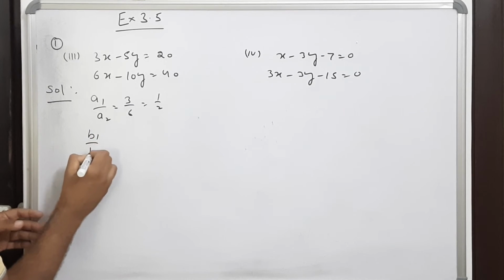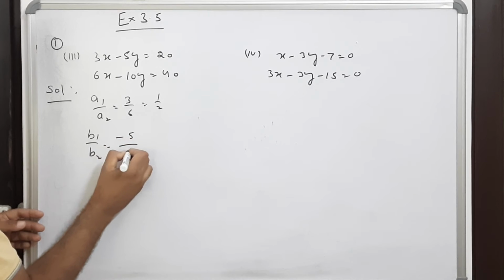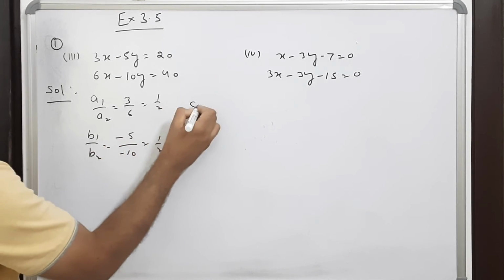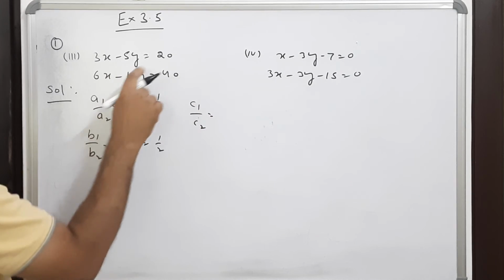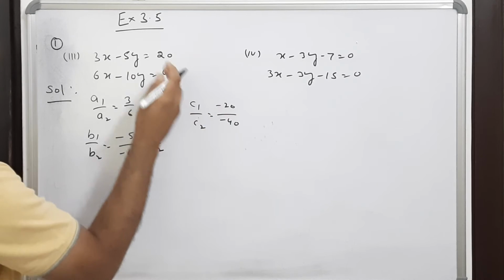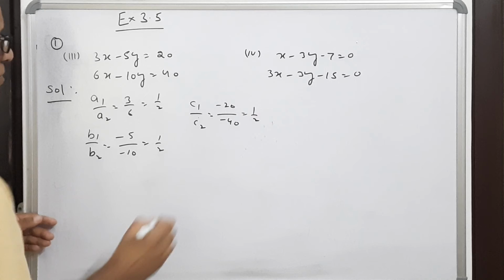B1 upon B2 is minus 5 upon minus 10, so again it is 1 by 2. C1 upon C2: this 20 we will transfer to this side, so it is minus. I already explained why we transfer this side in my previous videos. So it is 1 by 2.